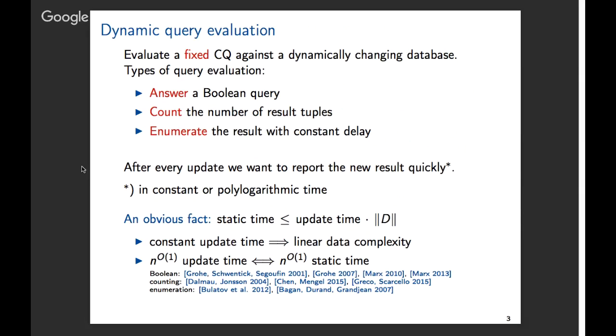In all these cases, tree width always plays a crucial role in characterizing conjunctive queries that can be evaluated efficiently. And one contribution of our work is that we identify another measure that characterizes the efficiency of evaluating conjunctive queries under updates.